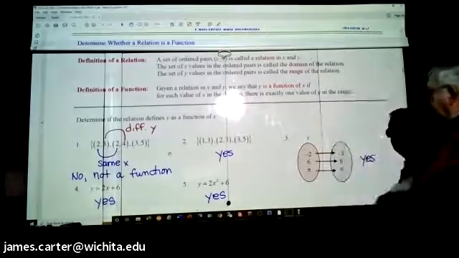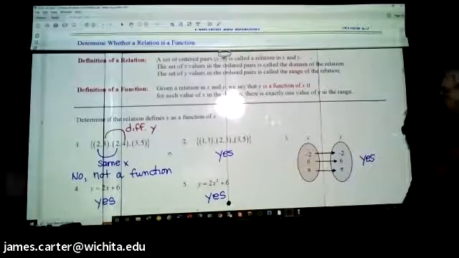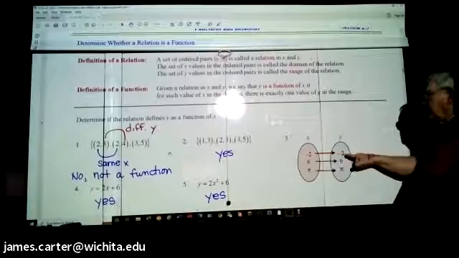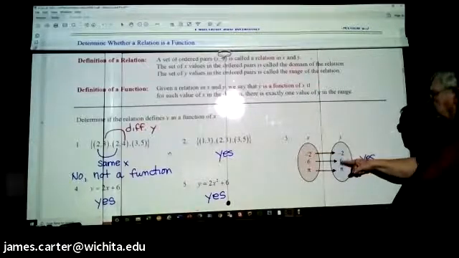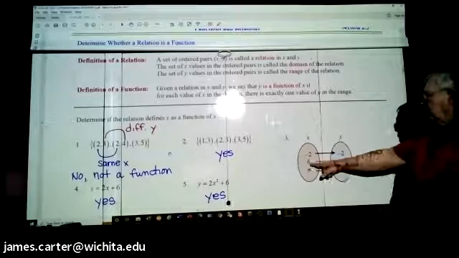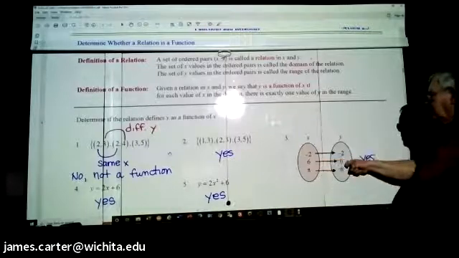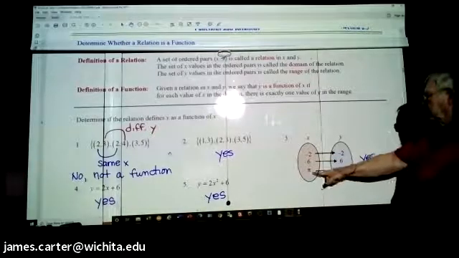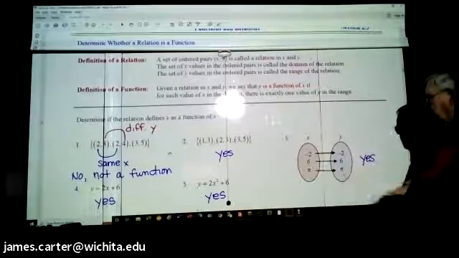On number 3, they're doing it with the Venn diagrams. They say that -2 maps to -2, a y of -2. X value 6 goes to 6. Pi goes to pi.